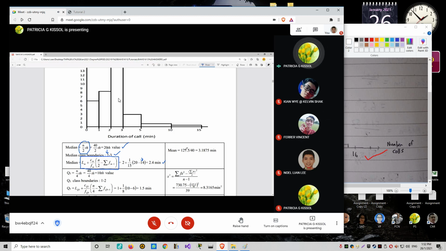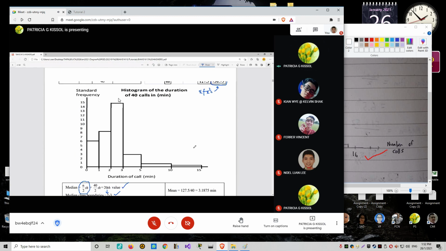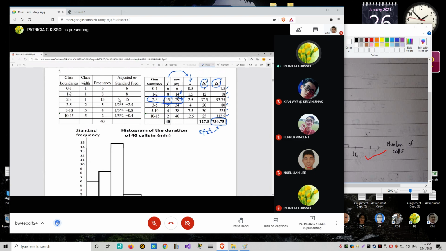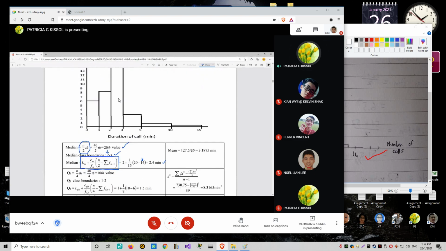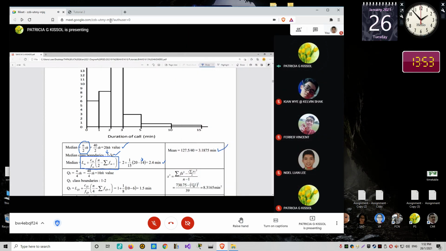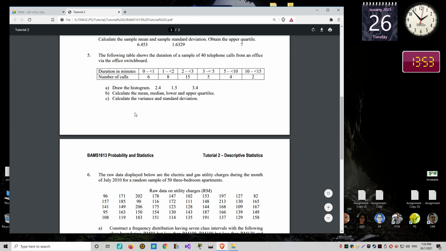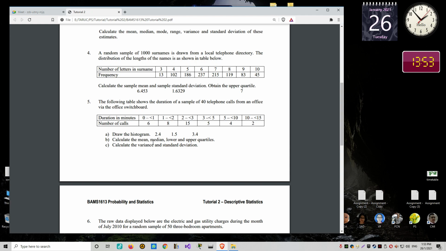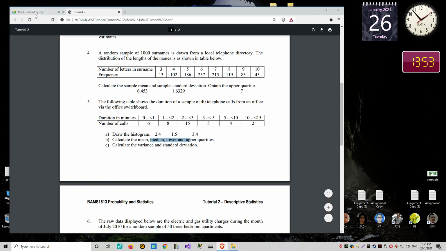So the mean basically is 127.5 divided by 40. You see, this is the value of the summation fx, right? 127.5 divided by 40, that's why we get 3.1875 minutes. That's the value of the mean. Again, from the question, it also asks you to find the mode.